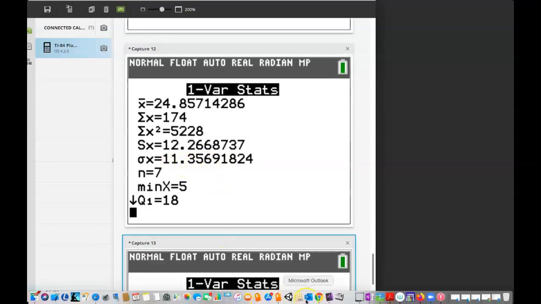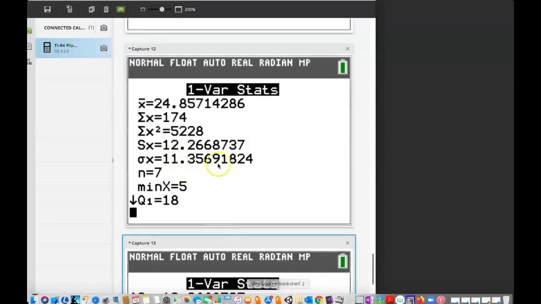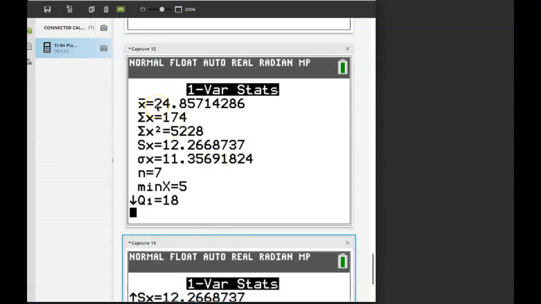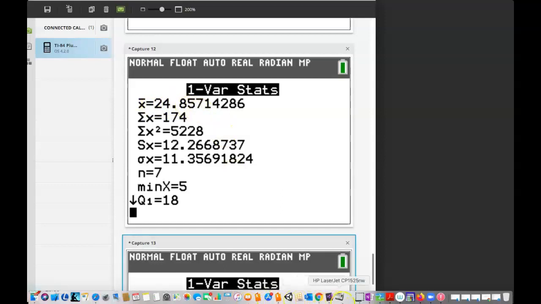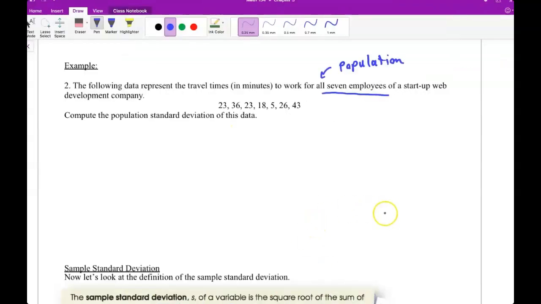Okay, now let's find the answer without using the calculator, but I need that part to find standard deviation. So I'm using this 24.857. Here on this part, we need to know what mu or mean is.